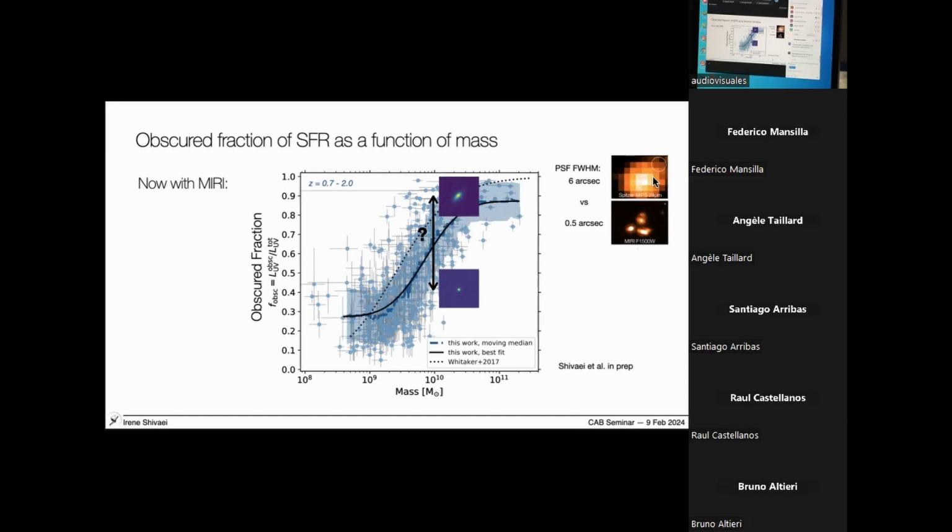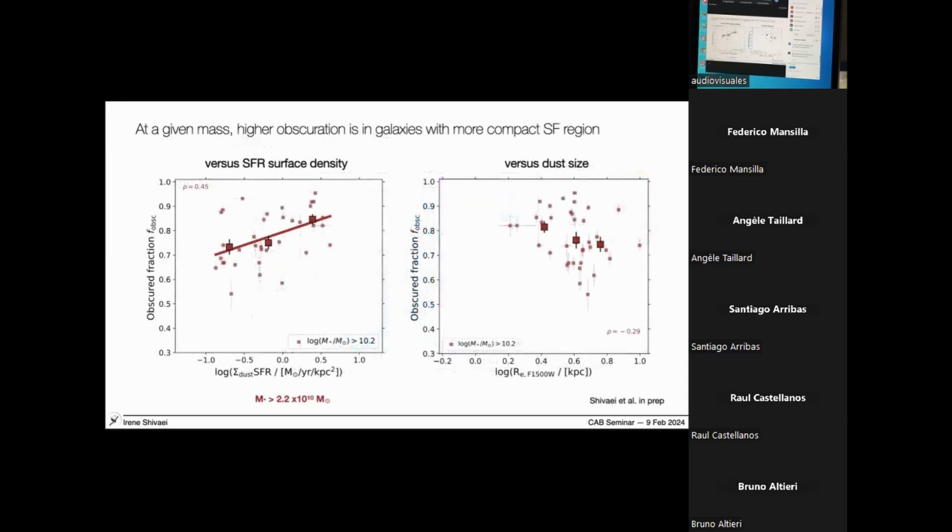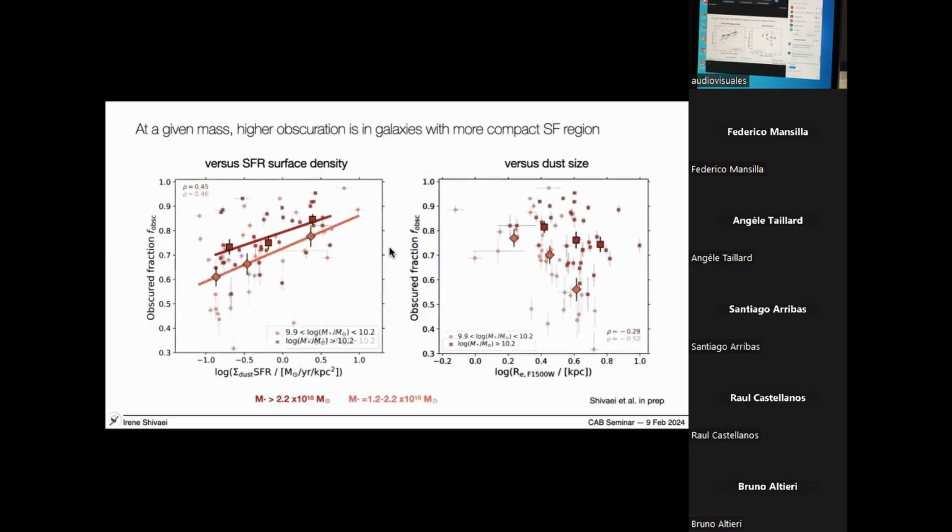So this is another comparison between the Spitzer data with a 6 arcsecond full PSF and the MIRI data. What we're seeing is that at a given stellar mass, higher obscuration happens in galaxies that also have more compact star-forming regions. This is for the highest mass bin in the sample. But when we divide it into different stellar masses, going to lower and lower stellar masses, as expected, with increasing stellar mass your obscured fraction also increases.